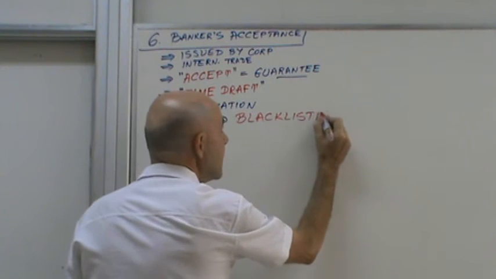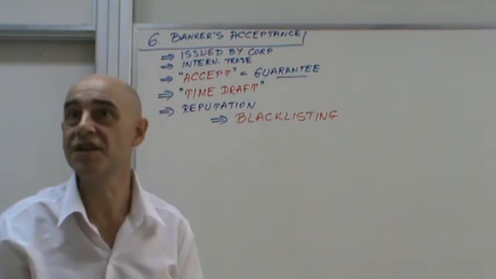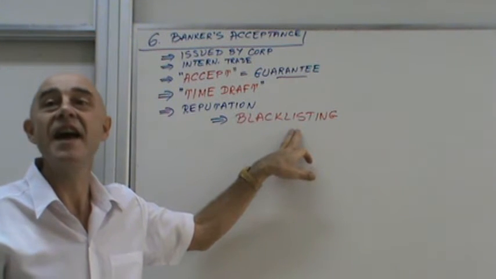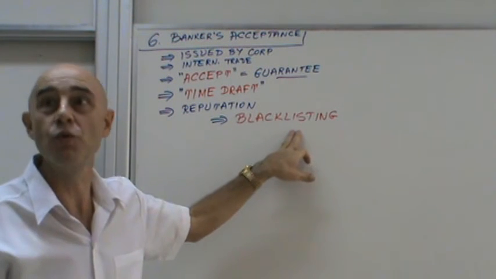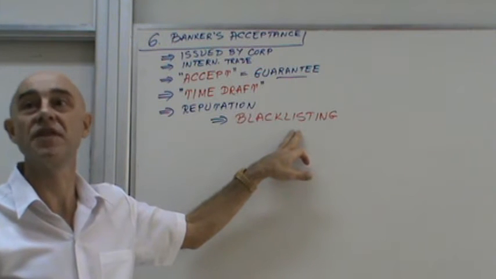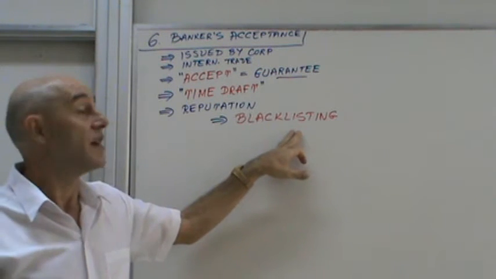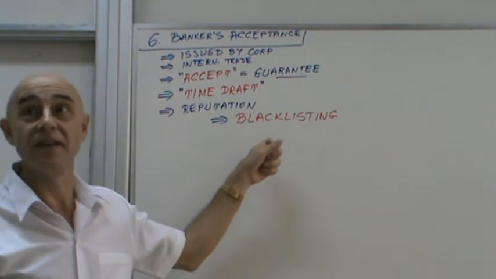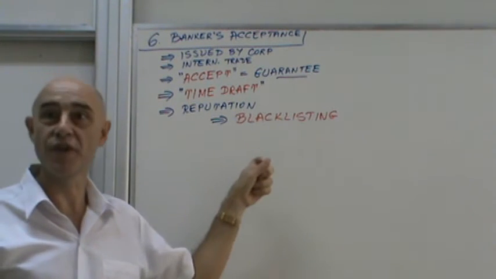Blacklisting means this company, this corporation, will enter the list of all banks, and now no bank will ever serve them again. And of course, it's rarely the bank that gets in trouble for this.